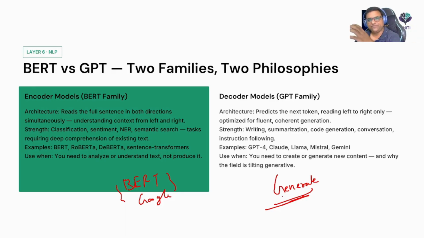It reads from left to right and right to left and gets the context, and it helps you based on your need: sentiment analysis, classification, named entity recognition, semantic search, question answering, whatever we discussed. So if ShopSphere wants to classify customer reviews into delivery issue, product issue, refund issue, payment issue, BERT is very, very useful, all right?